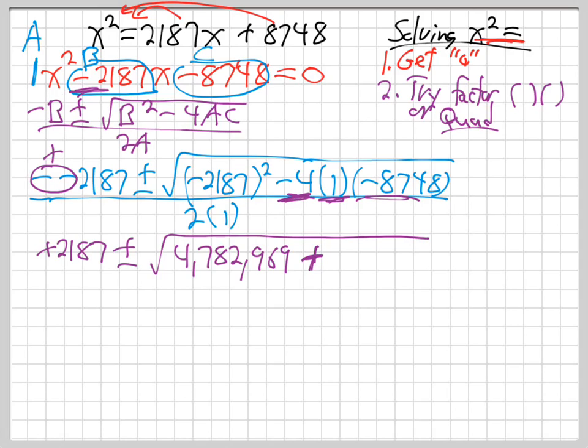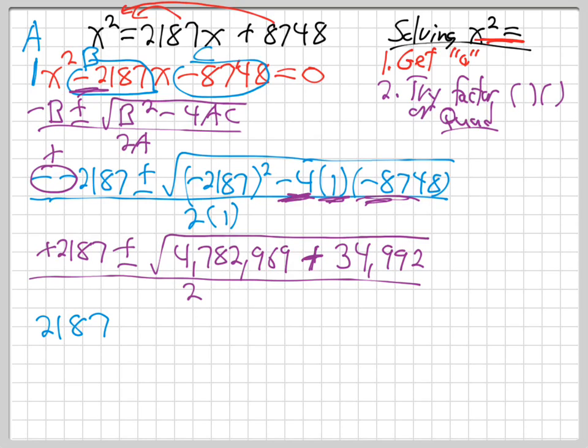Because it's 2 negatives. 4 times 1 times 8748. I'm getting 34,992 all over 2. Okay, so that's 2187 plus or minus. And so add those two numbers together on the inside.